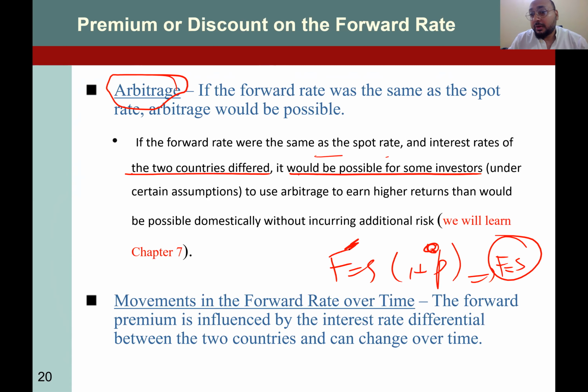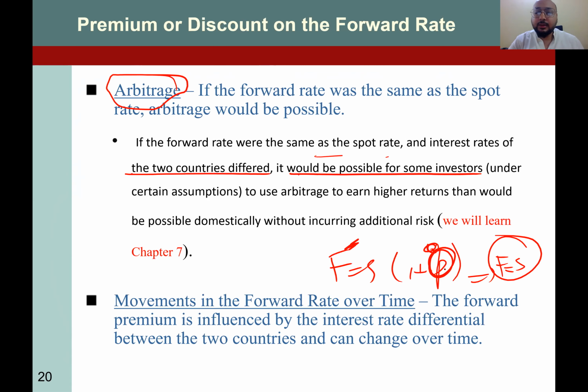So there is zero currency risk, because according to financial institutions or currency exchange dealers, the premium on the forward is zero. In that case, if two countries have different interest rates, this is called arbitrage, riskless profit.